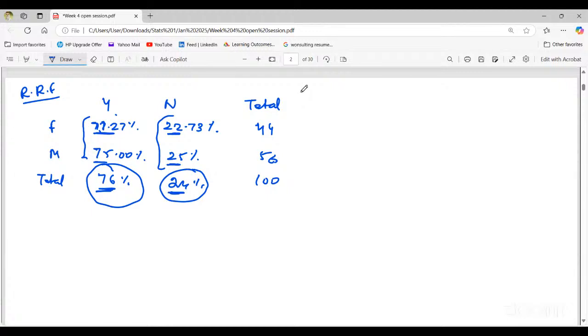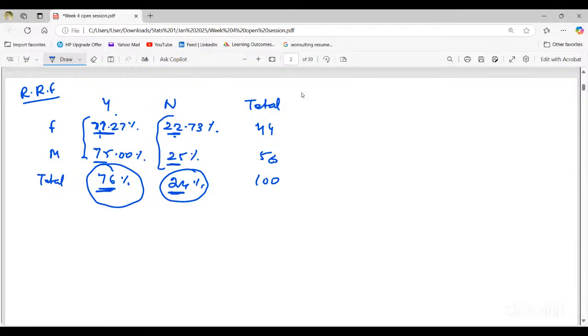Everybody got my point, right? So if you see here, this is 77% and 23%, 75% and 25%, 76% and 24%. The proportion between them is bit similar in all the rows, correct?